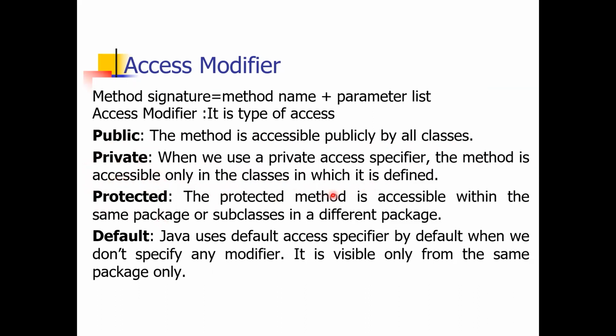Protected means the method is accessible within the same package or in a subclass in a different package. And default: Java uses the default access specifier when we don't specify a modifier. When we don't mention anything, it takes the default, so it is visible only from the same package.